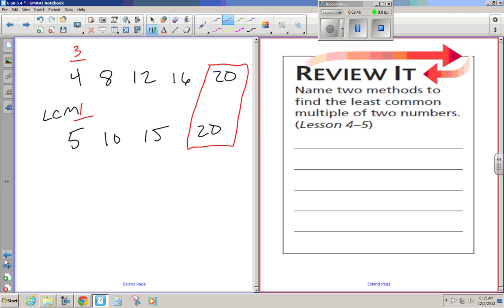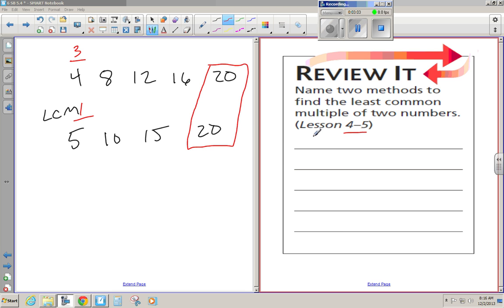All right, review it. Name two methods to find the least common multiple of two numbers. So this you're going to have to review. If you held on to the notes for 4.5, you should be able to go back and find them.